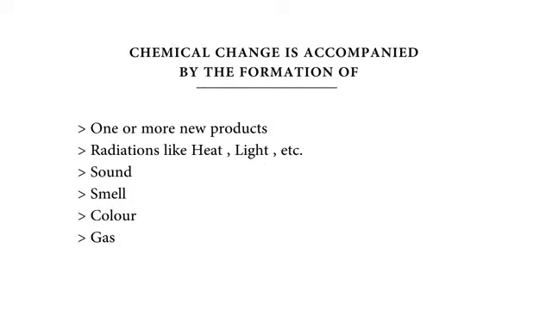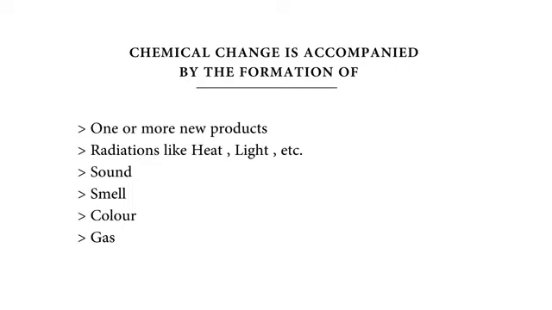Next we can list out the characteristics of a chemical change or chemical reaction. In a chemical reaction, there will be formation of one or more new products. This is one of the important criteria for a chemical reaction.